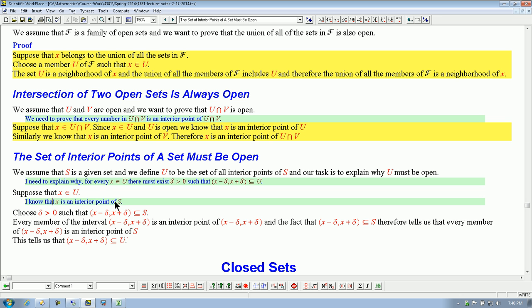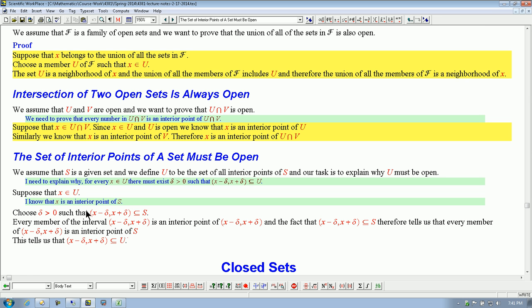Now, what does that mean? X is an interior point of S. Think what the definition says. X is an interior point of S. It means there exists, so choose delta greater than 0 for which this interval is a subset of S. Now comes the punchline.